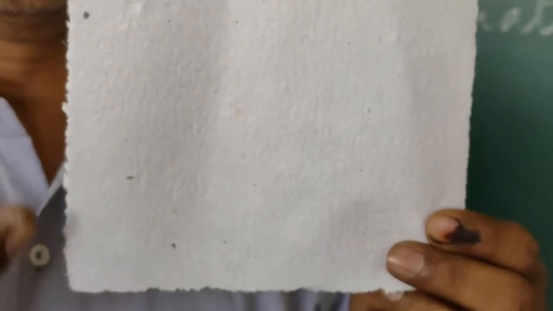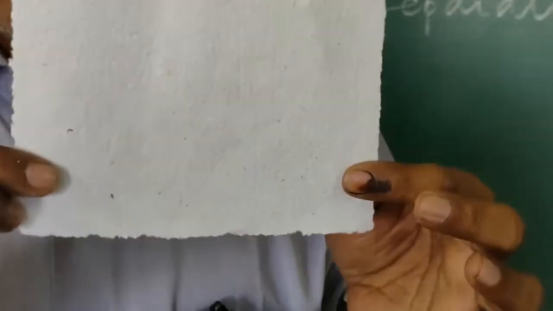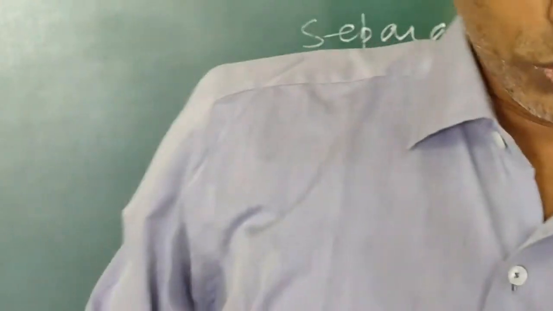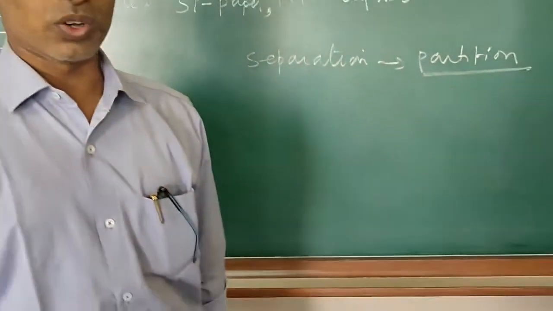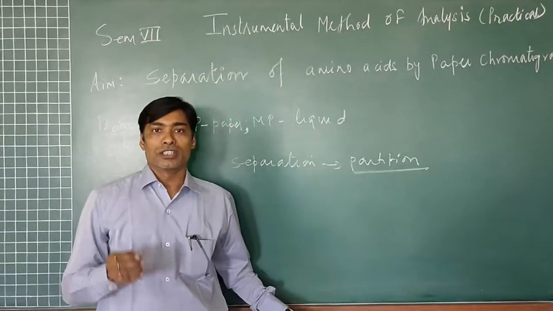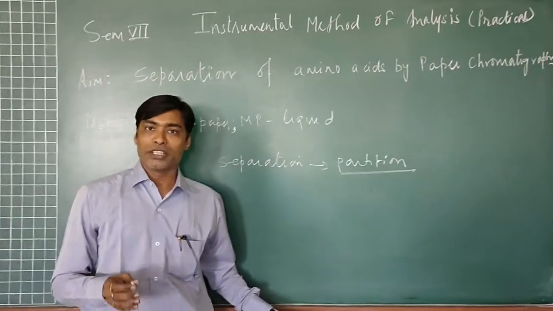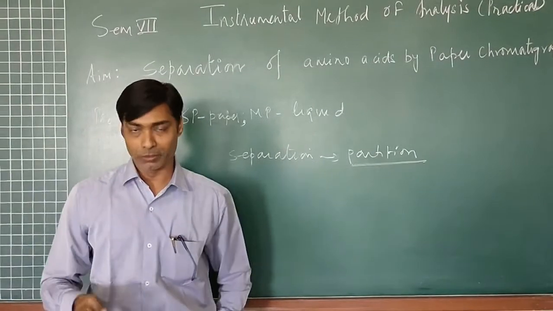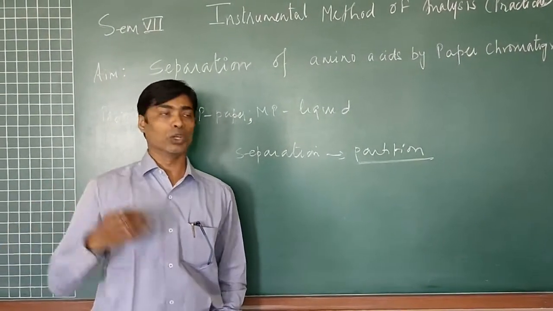So that creates a problem during the ascending movement of the mobile phase. So this simple filter paper we cannot use for the chromatographic separation process. Now, once the choice of the paper is made, because we have different papers available, we will be going with the Whatman series.